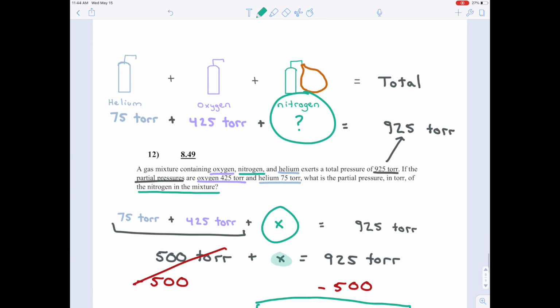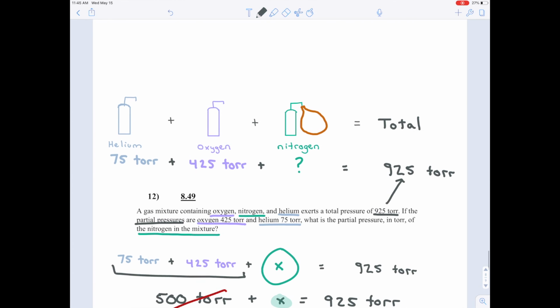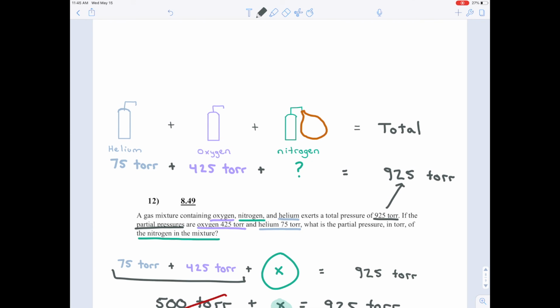So the big concept to get out of this problem, and the general abstract way of talking about what we did, you can summarize with an equation. Equations are the haiku of chemistry. They summarize all these relationships. So you could take the pressure from one gas and add it to the pressure of a second gas and add it to the pressure of a third gas and so on, and you would get the total pressure.